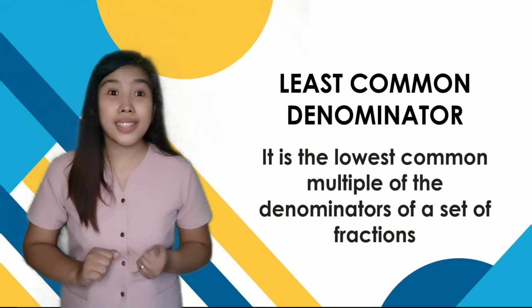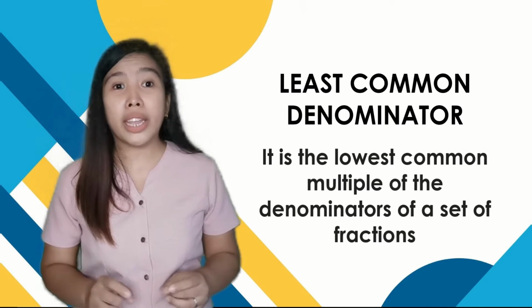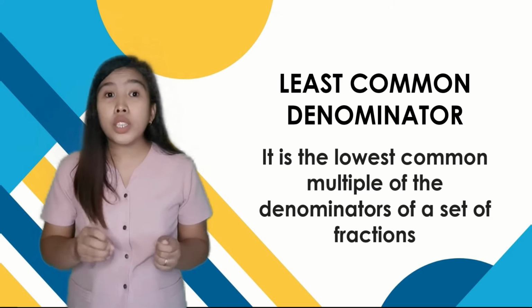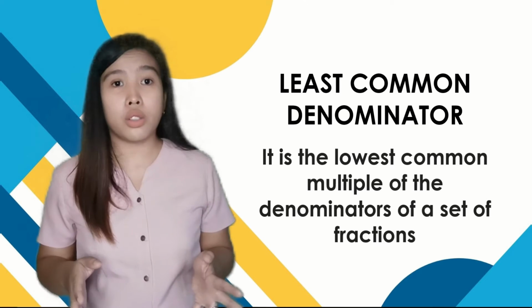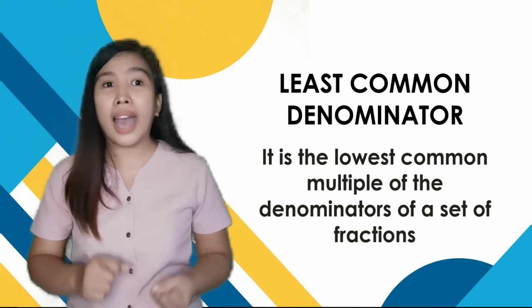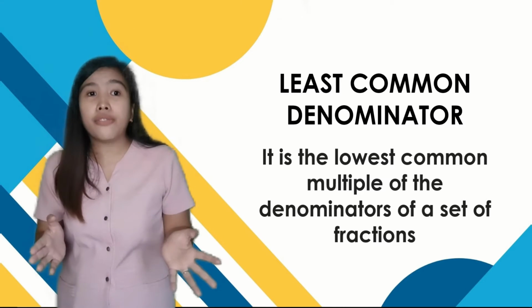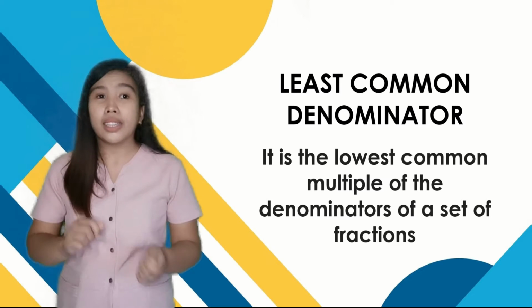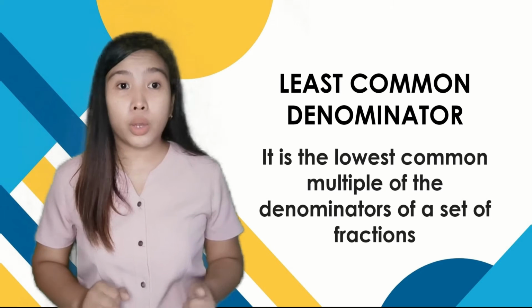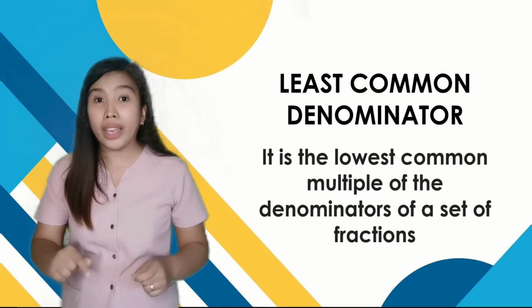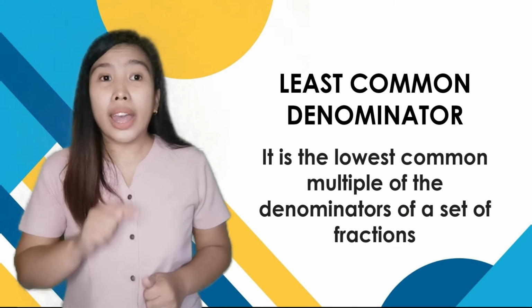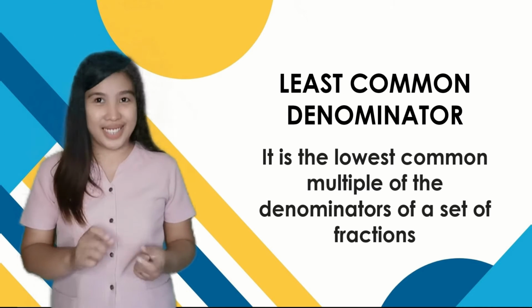When we say LCD or least common denominator, it is the lowest common multiple of the denominators of a set of fractions. It simplifies adding, subtracting, or comparing fractions. For instance, the LCD of 1/2 and 1/3. Okay, very good. The denominators are 2 and 3. So therefore, their LCD is 6.